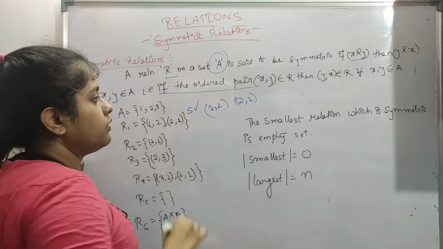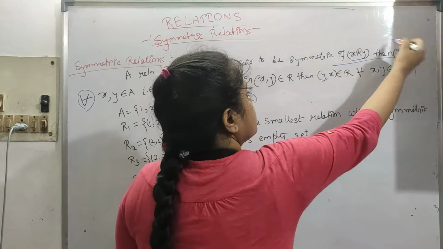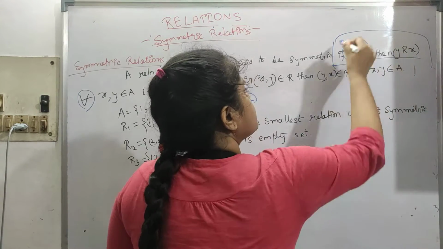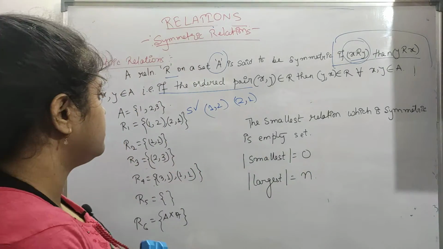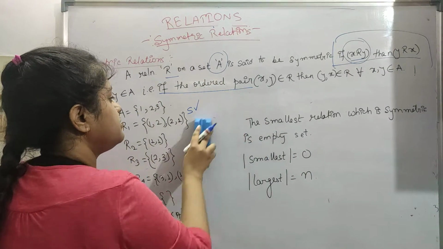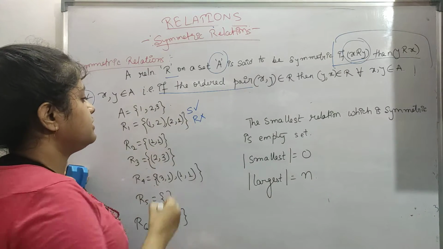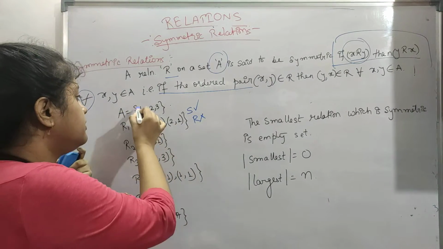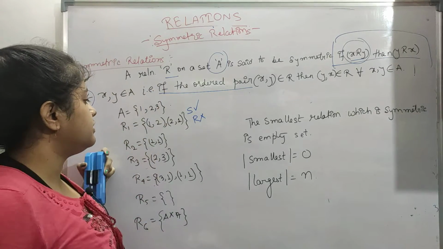That is our main basic thing here. So if X related to Y is present, then Y related to X has to be present. Now, is it reflexive? No, because none of the things related to itself is present: (1, 1), (2, 2), (3, 3), nothing is present.